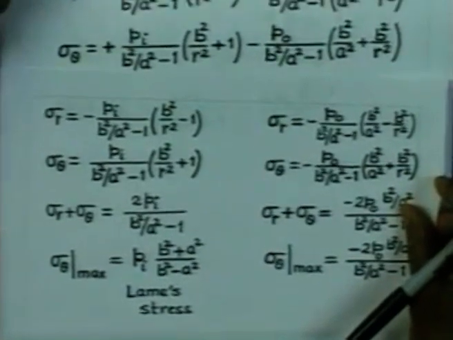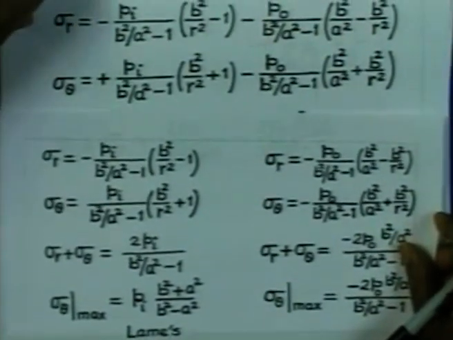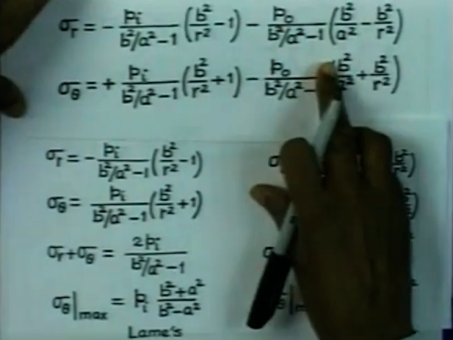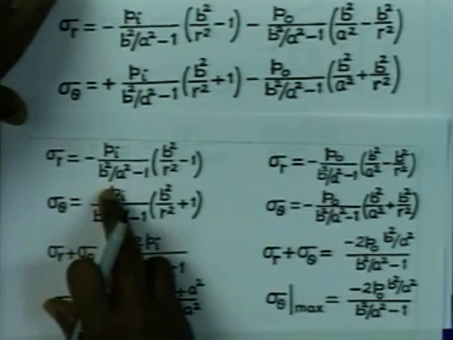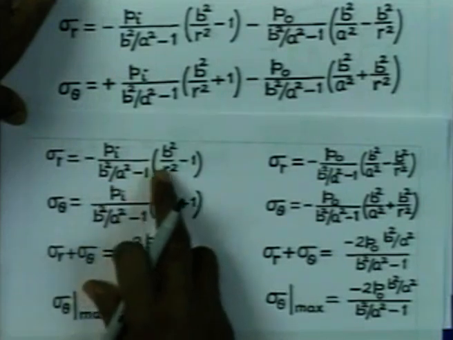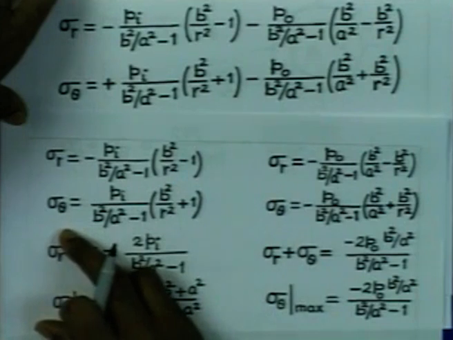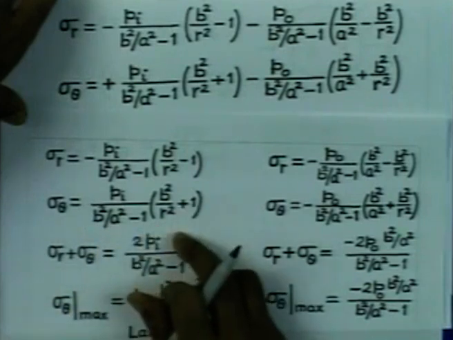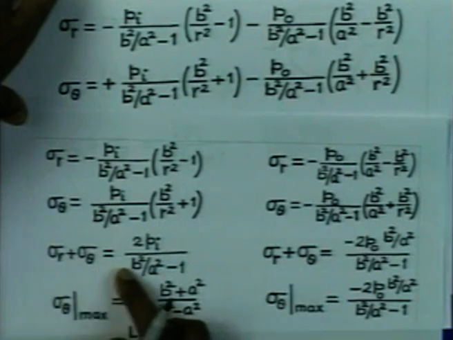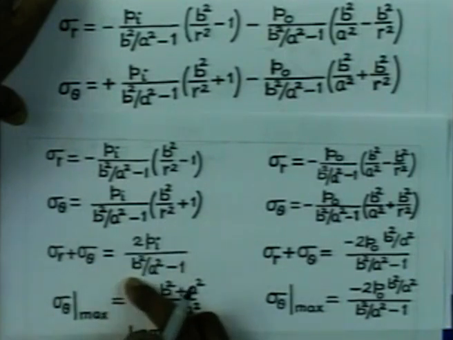So, if we now consider just internal pressure loading only, so what I am saying is that if P0 is absent, then your sigma r is given by this expression: minus Pi by (B square by A square minus 1) into (B square by R square minus 1), and sigma theta is equal to Pi by (B square by A square minus 1) into (B square by R square plus 1), and again the sum of the two stresses is simply 2 Pi by (B square by A square minus 1).